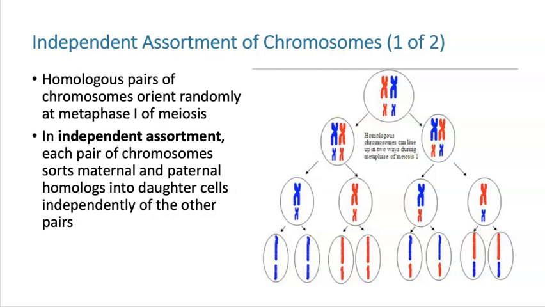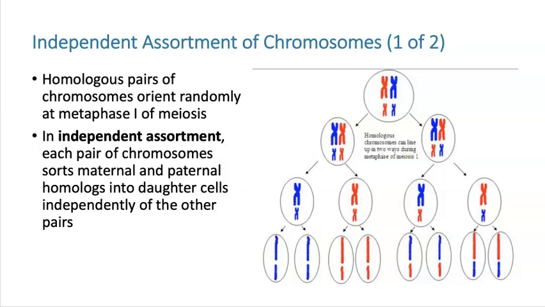So let me start talking about independent assortment. So let's talk about this independent assortment of chromosomes. And this happens during metaphase 1 of meiosis 1. And the idea is called independent assortment.